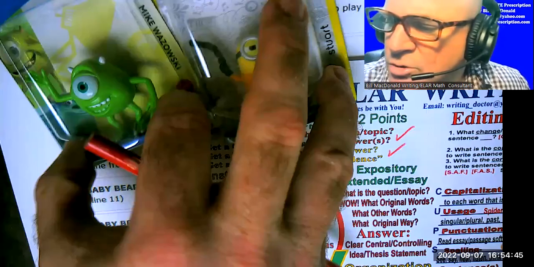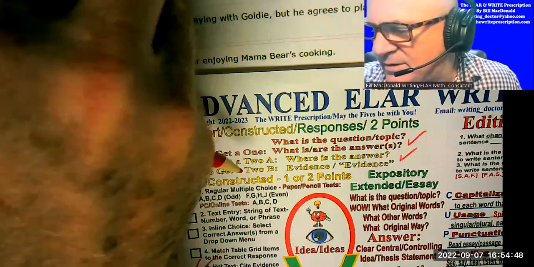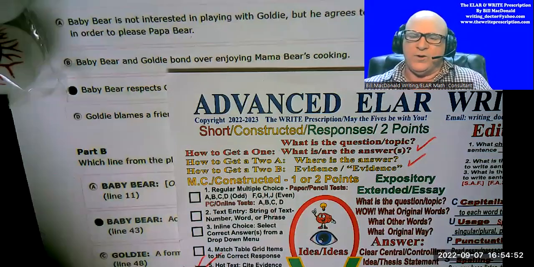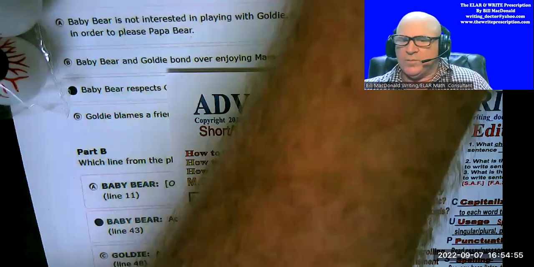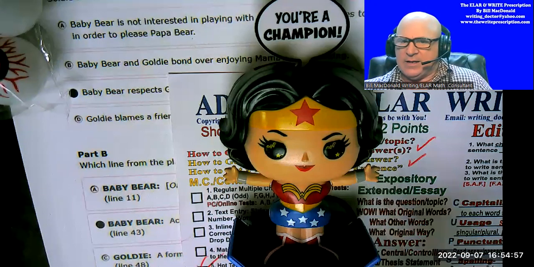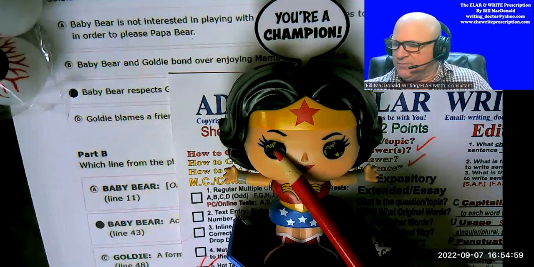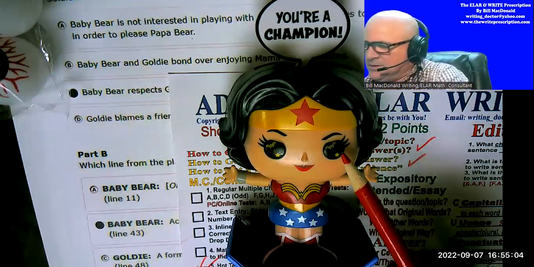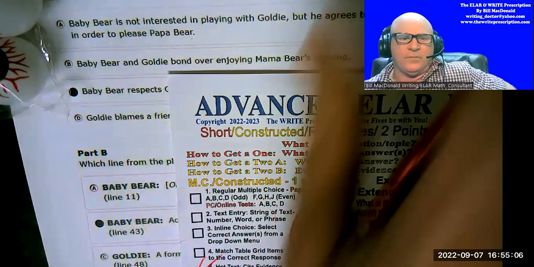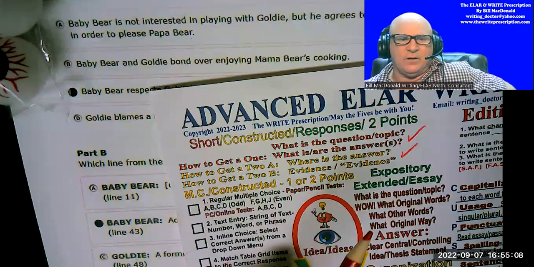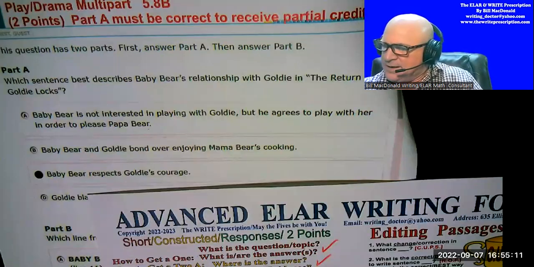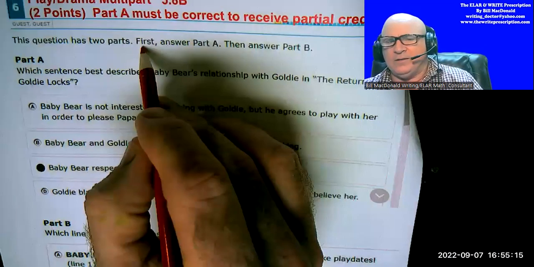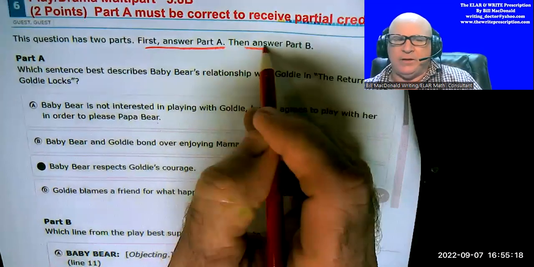has 2 points of value. So you might use Wonder Woman to say, okay, what's the 1 point that is the answer, and the other point for the evidence on the multi-part. Let's take a look at this so we can see what they ask us. First, answer part A, very important, then answer part B, because again, part B is dependent on part A being correct.